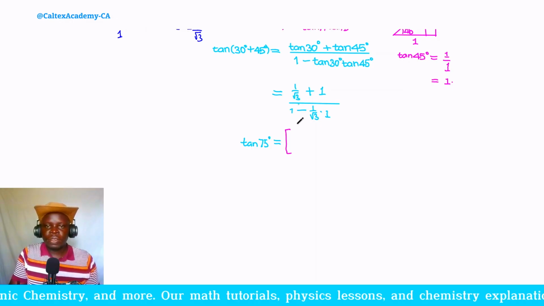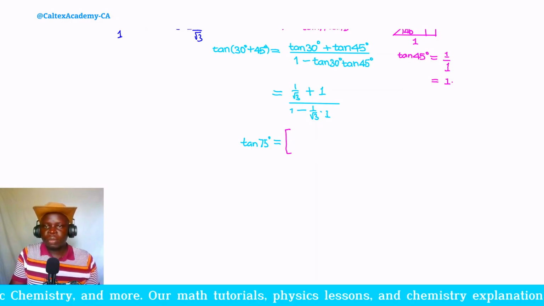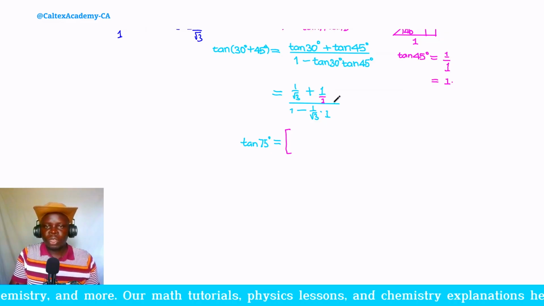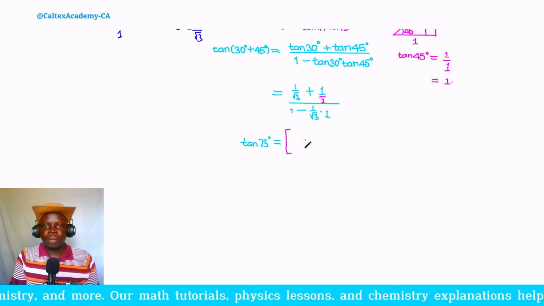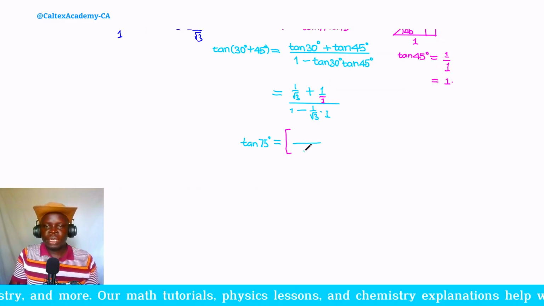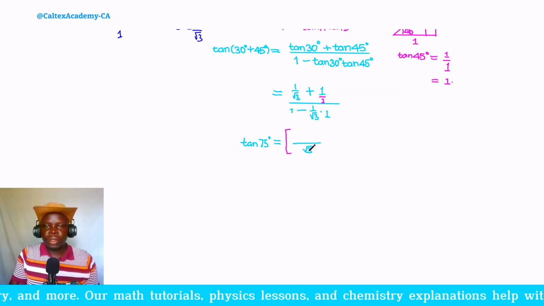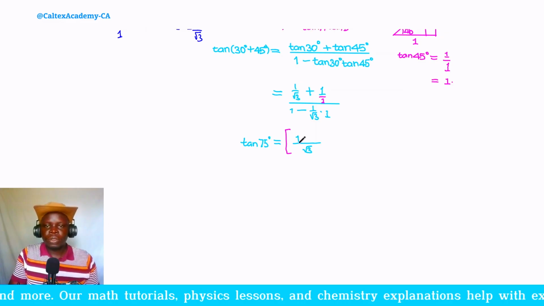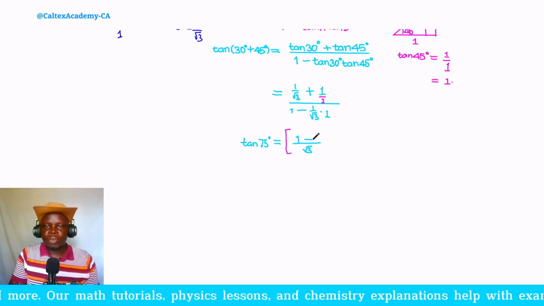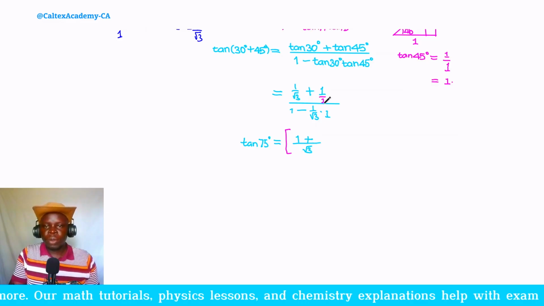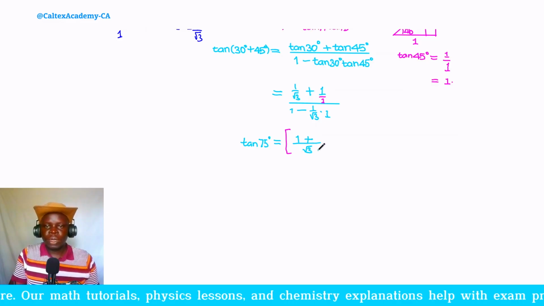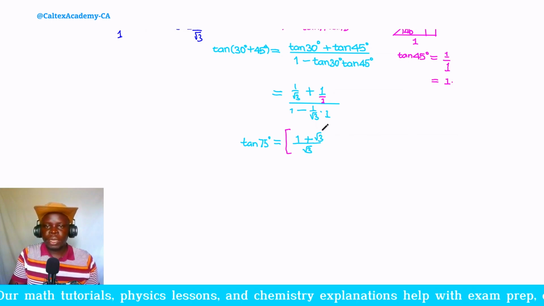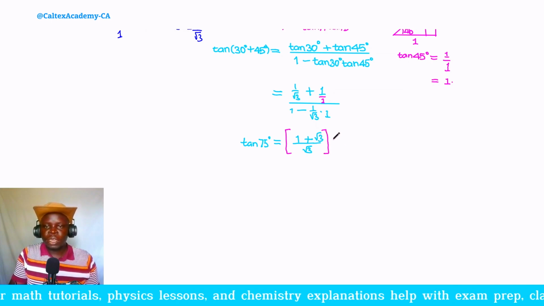Our first term here is a result of, okay, let us make this 1 standing also over 1, such that we have a common denominator of root 3 and 1. So that common denominator is root 3. So root 3 divided by root 3 is 1. 1 times 1 is also 1. Our sign is positive in the middle. So root 3 divided by 1 is root 3 times 1 is also root 3. And we can close up this bracket. That one is representing the numerator.